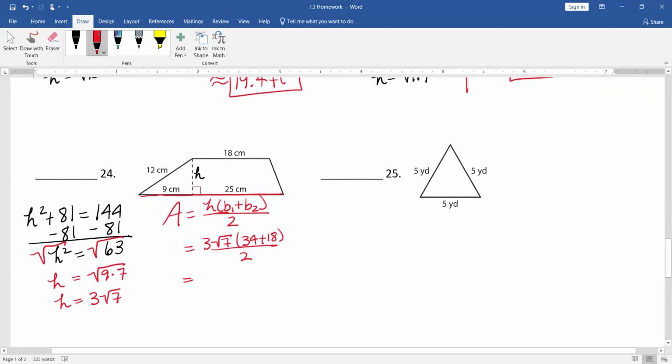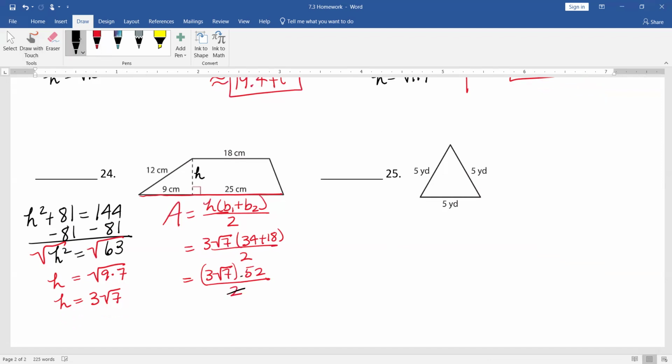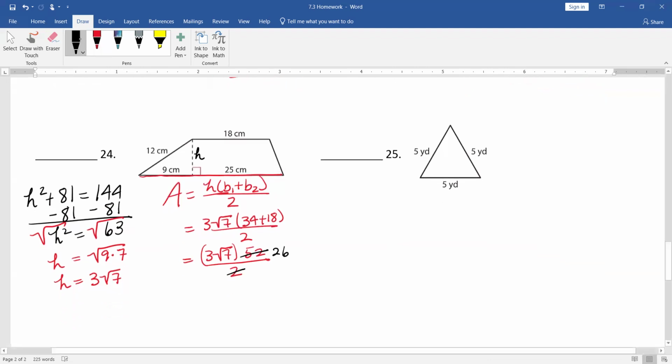So the 34 plus 18 is going to give me an even number. So I'm actually going to keep 3 square root of 7. I'm going to put that inside parentheses. And then 34 plus 18 is 52. Divided by 2. So 2 goes into 52 26 times.